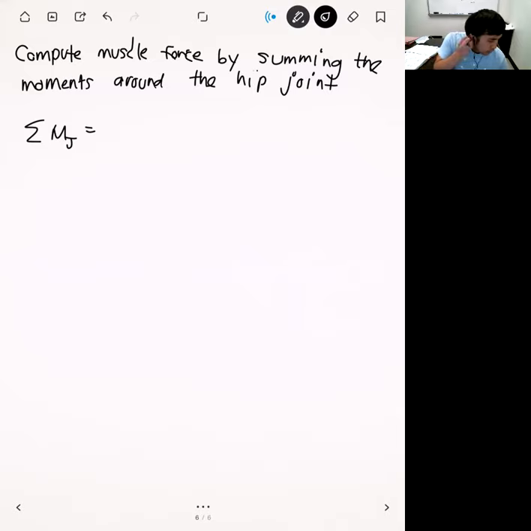First we have the muscle force. Normally for moments, you multiply a force by its moment arm, but let's leave this vague for now and call this moment arm A. That's the first moment arm for our problem.